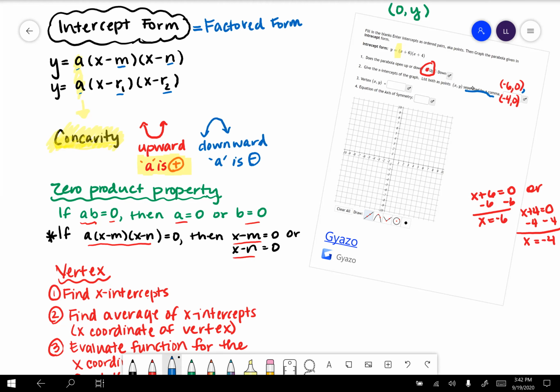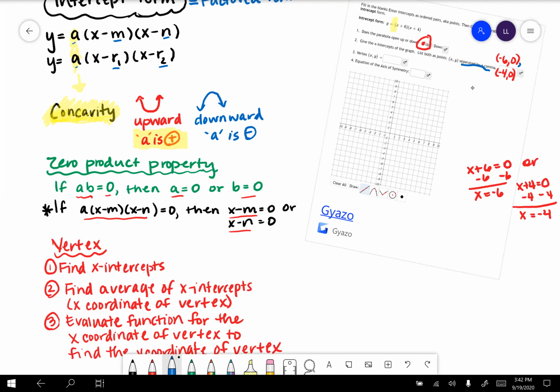Now let's look for the vertex. In order to find the vertex, you have to find the x-intercepts, which we have, negative 6 and negative 4. You're going to find the average of the x-intercepts. So you add them and divide by 2 because there's 2 of them.